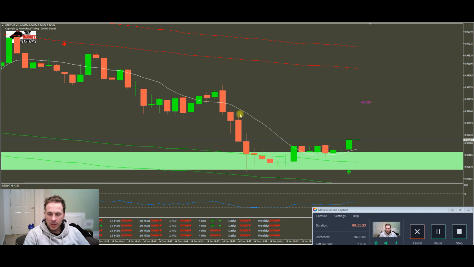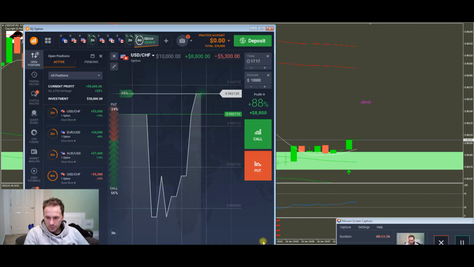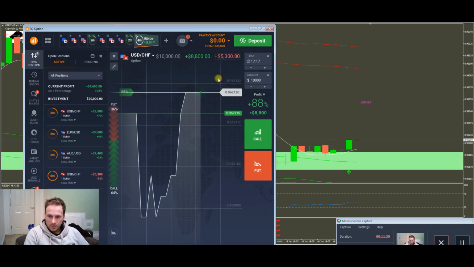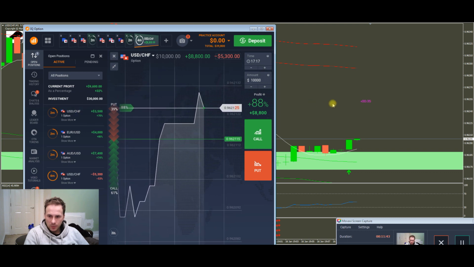Okay, 5-minute trade at that resistance level. Signal hours appeared. The RSI is already starting to go up, so this should rise. All of us are greens at the minute. We're going up.